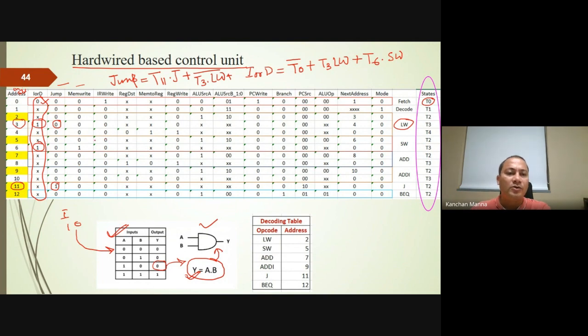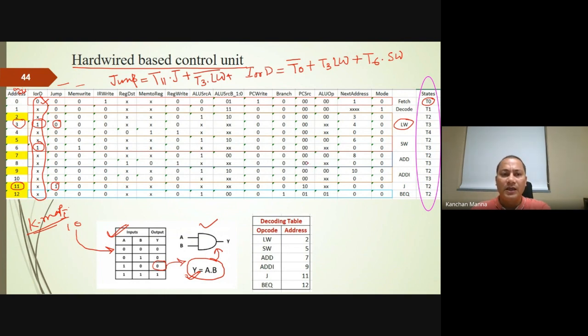Also, if we want to minimize, then we can minimize using the K map. For the time being, we will write using this expression and are not considering the K map. In this way, we can write the logical expression for all these signals.